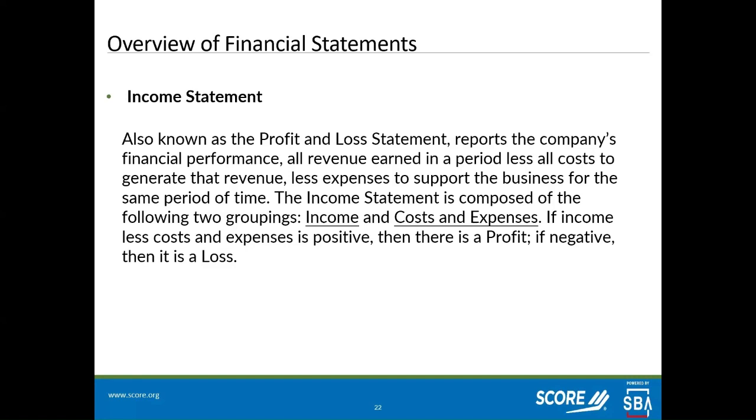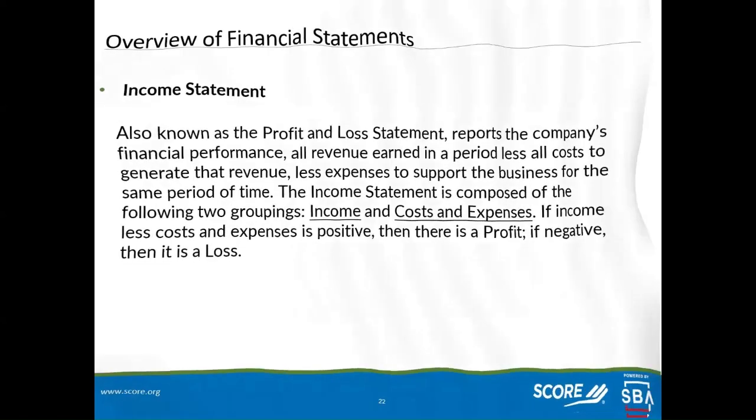That might be rent. It could be truck depreciation. It could be certain parts of insurance. It could be salaries. They tend not to vary with the volume of activity in the business. And if income less costs and expenses is positive, that's a profit. If it's negative, that's a loss. Next slide.